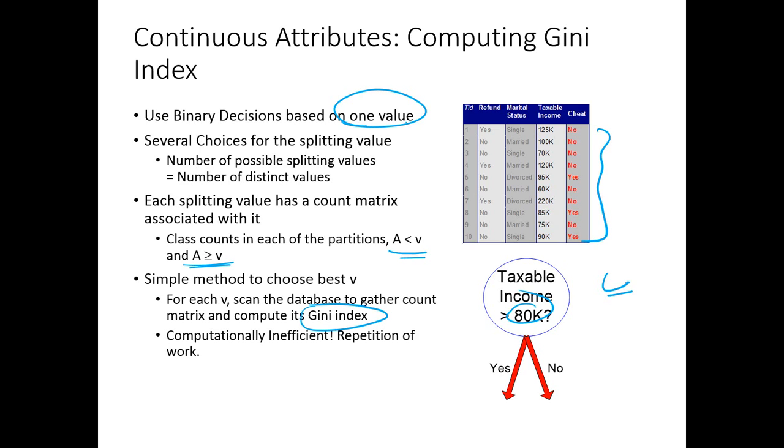For each V, that means for each threshold, and a threshold by the way can be any number in this income group, scan the database to gather the count matrix and compute its Gini index. Based on the Gini index, you find out where exactly your impurity is optimized, and take a decision on that. We have found that 80k is the case where it is optimized.